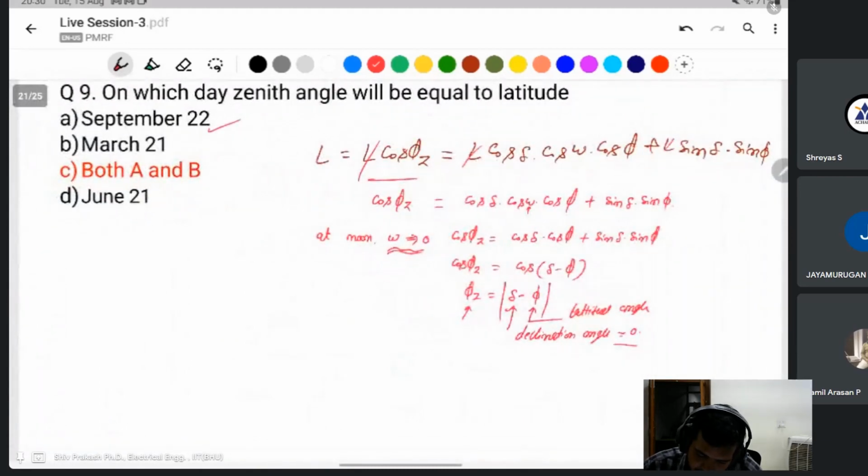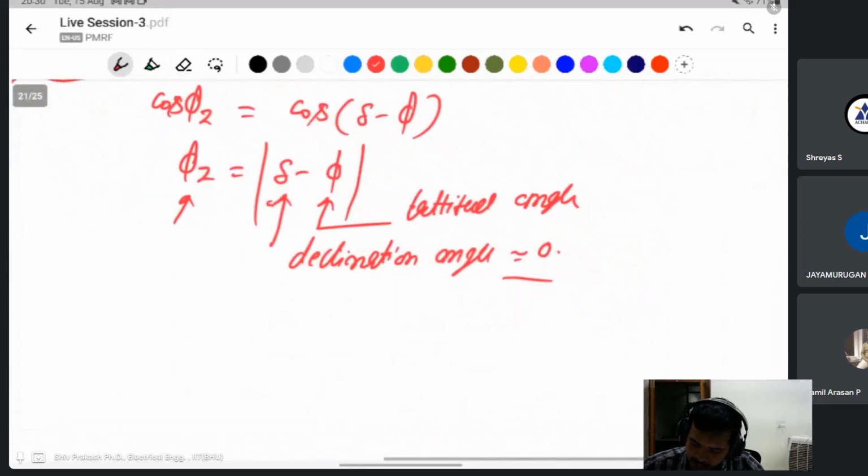That is in September and March. March 21 and September 21 are the same as the equator point. At the equator point, the declination angle will be 0.